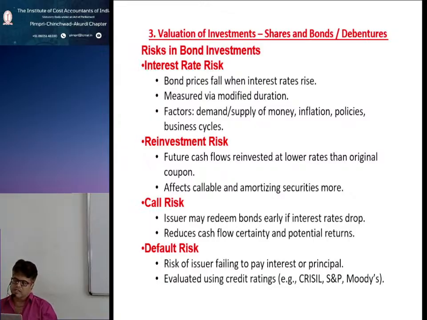Call risk is that the issuer may redeem bonds early if interest rates drop, and it reduces cash flow certainty and potential returns. And lastly, default risk is the risk of the issuer failing to pay interest or principal, evaluated using credit ratings. Examples are CRISIL and S&P, that is Standard and Poor's, one of the internationally renowned credit rating agencies.